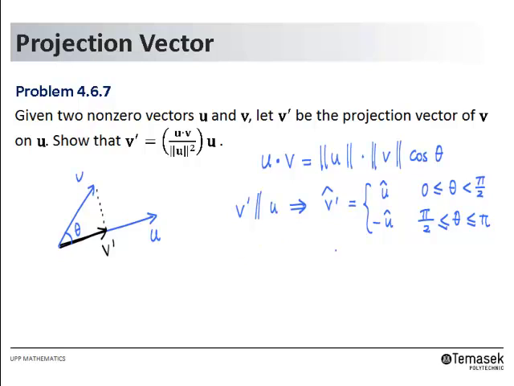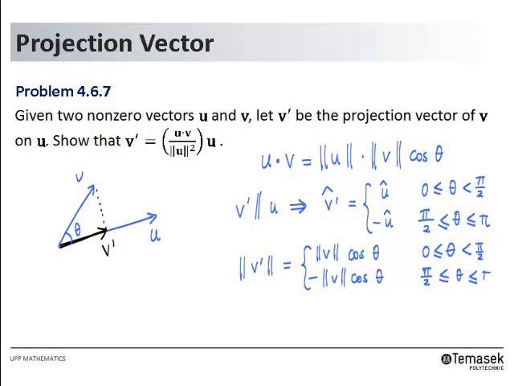Similarly, the norm of v prime will be the norm of v times cosine theta for theta between 0 and pi over 2, or negative norm of v times cosine theta if theta is between pi over 2 and pi. Hence, in the case of an obtuse angle, the negative signs cancel, which means we can just consider the first case.